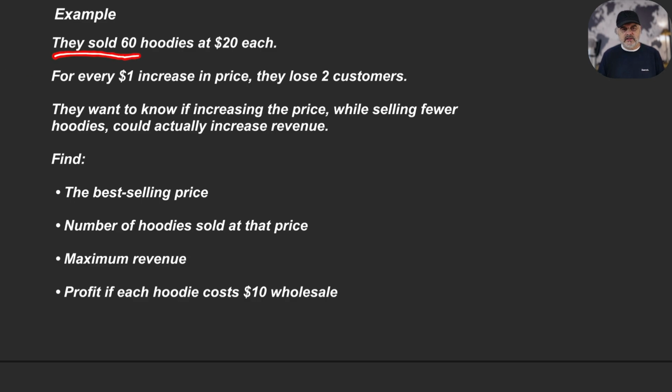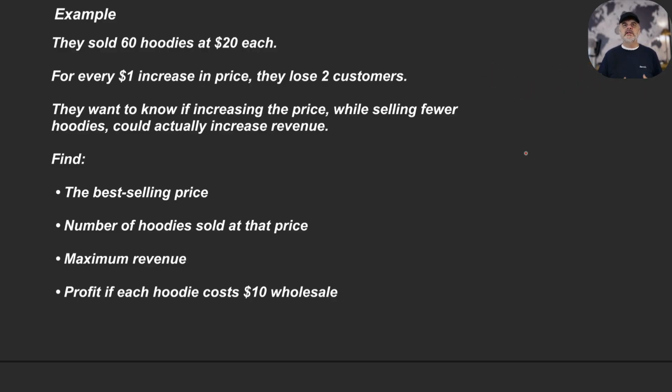So the given information that we start with: 60 hoodies, the number is fixed, and $20 per item, fixed and provided. Then the concept talks about every dollar increase, so you can add $1, right? You can increase the price by adding $2. You can increase the price by adding $3 and so on.